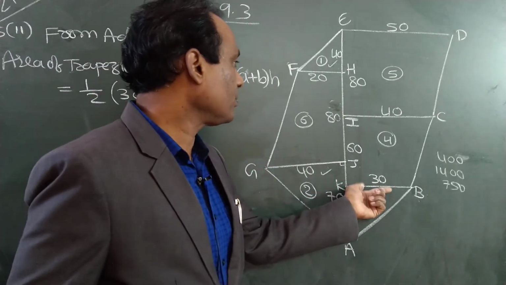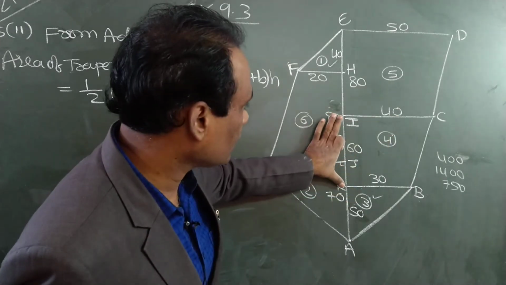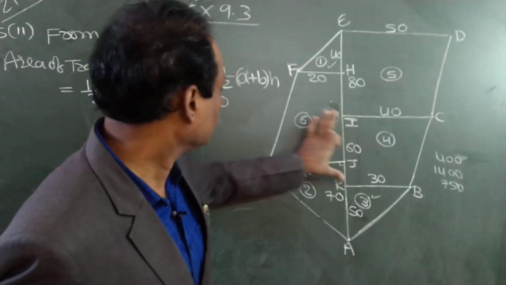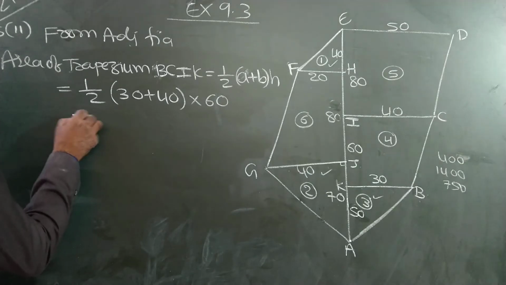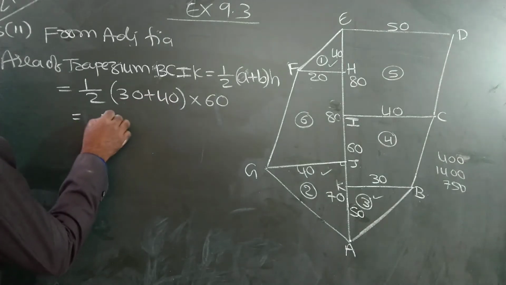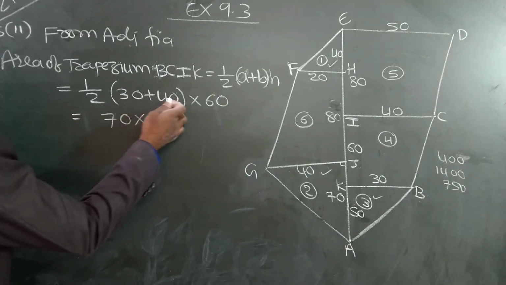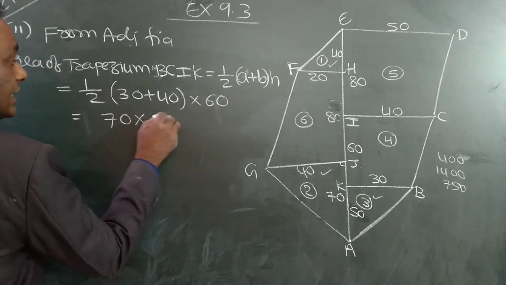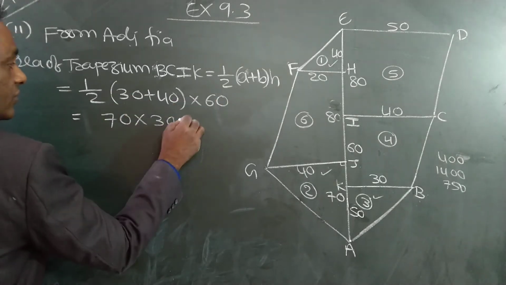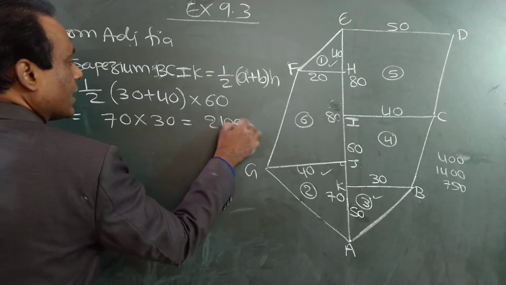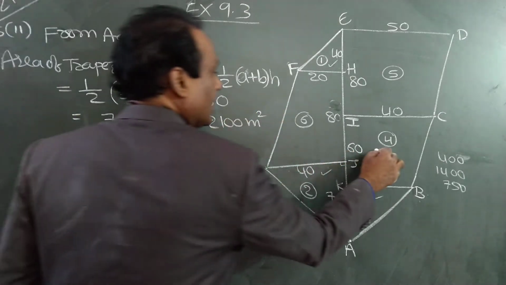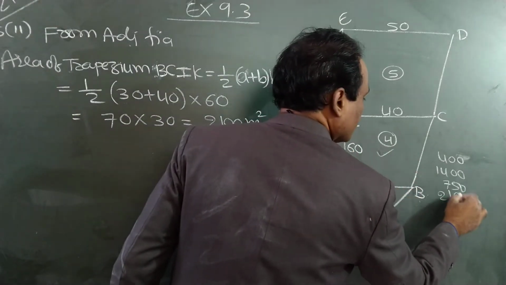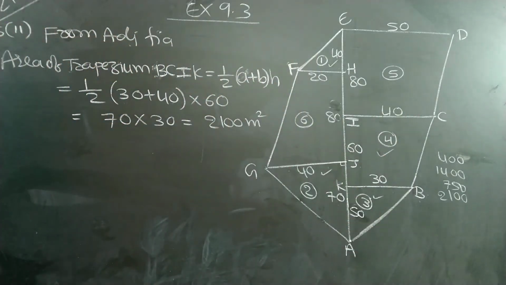Half 30 plus 40 into 60. 30 plus 40 is 70. Half of 60 is 30, 70 times 30 is 2100 meters square. This area also we got.